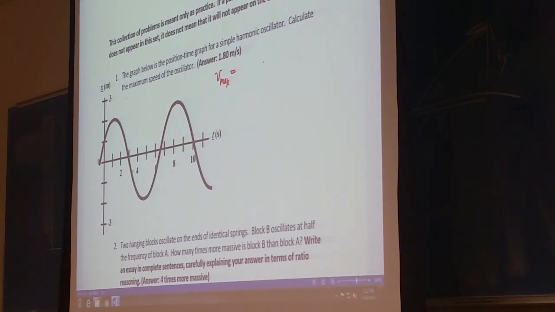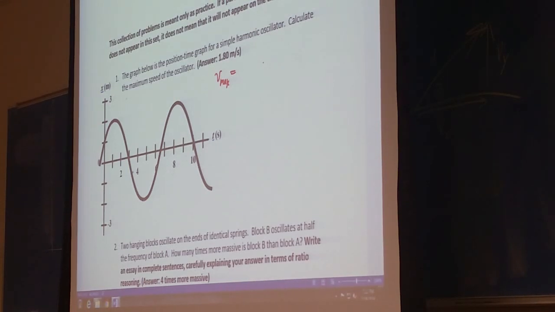Well, what quantities can we get from the graph? We can get frequency. Well, we can get it eventually. We could get period more directly, right? So period and amplitude. And so what is the amplitude? Yeah, 2 meters.